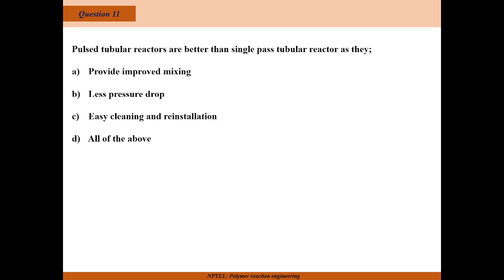Pulse tubular reactors are better than single pass tubular reactors as they provide improved mixing, less pressure drop, easy cleaning and reinstallation, all of the above. The main advantage is having improved mixing. Yes, improved mixing, whereas the pressure drop and other things are difficult.